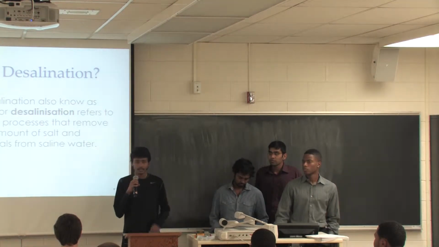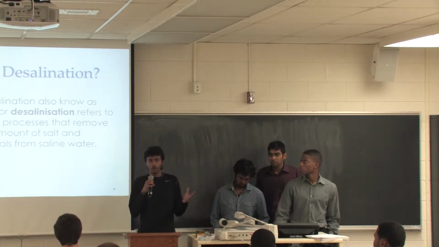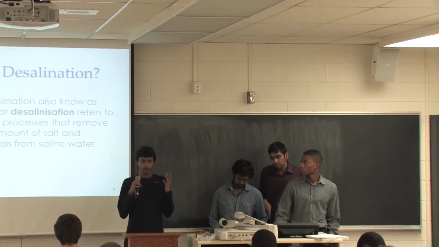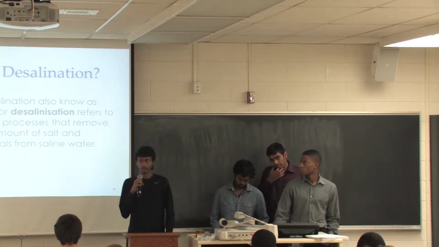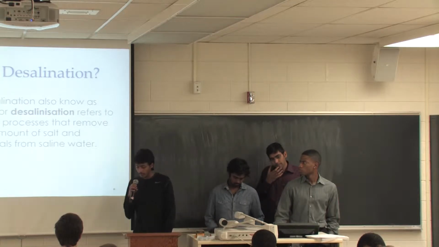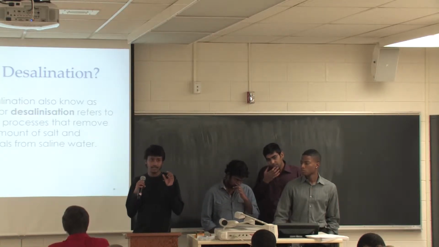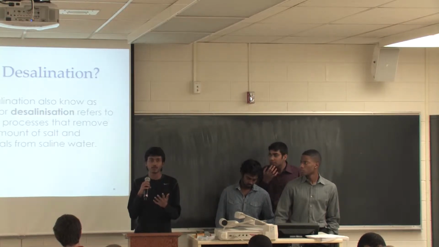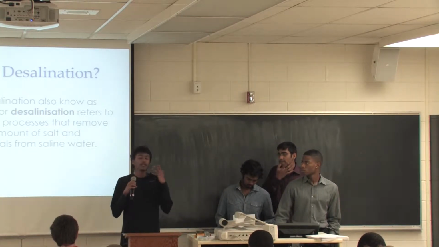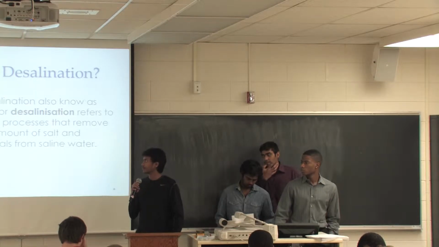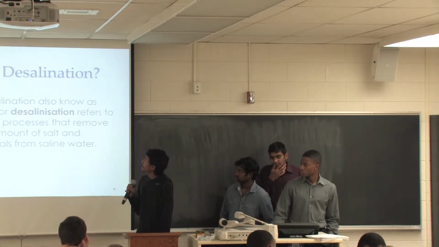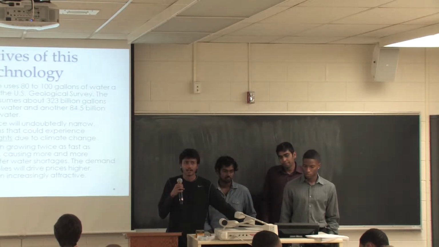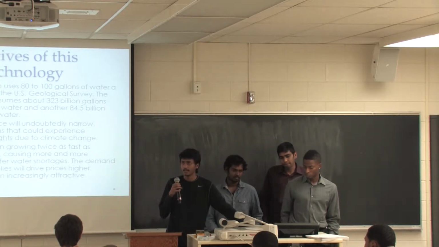So if we convert this sea water into normal water, we can eliminate the concept of drought in parts of the world. Moreover, it produces very little waste because the byproduct of this process is salt, which is also consumed by human beings. And yes, this is also implemented in countries like Australia and New Zealand.